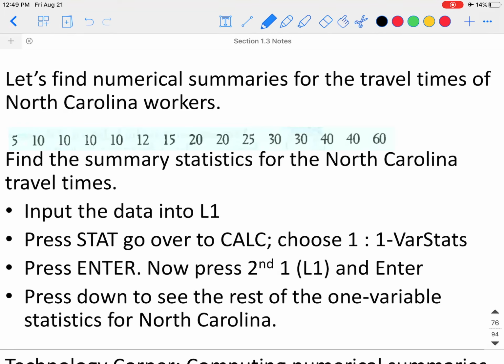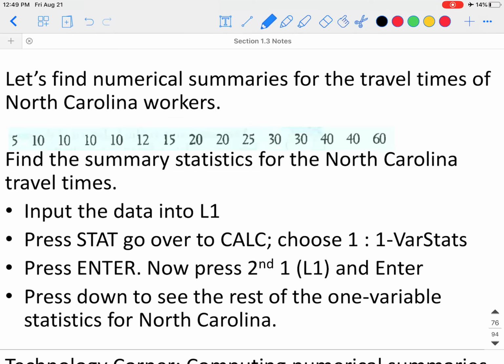Then you can press the stat button, go over to calculate. You're going to choose option 1, which is 1 variable statistics. You're going to press enter. Then you will press second 1, which will select list 1, and hit enter. If you arrow down, you will see the rest of the 1 variable statistics for North Carolina.